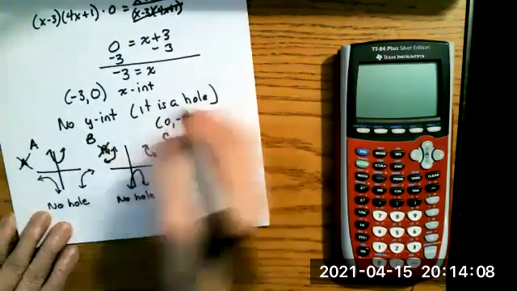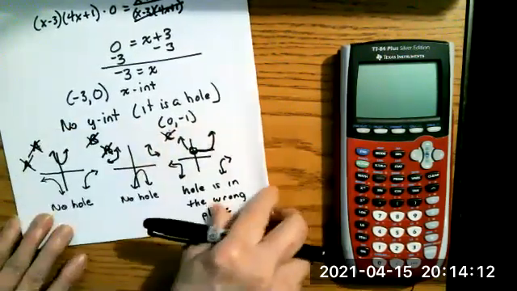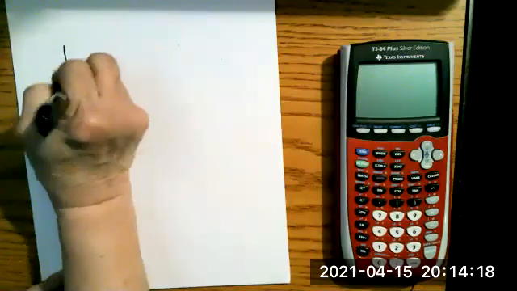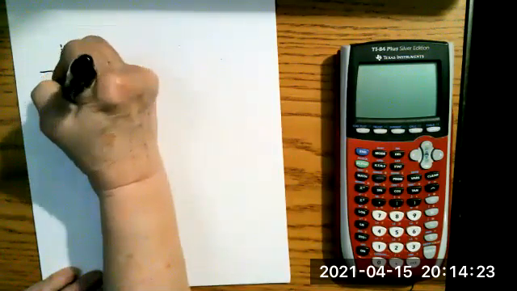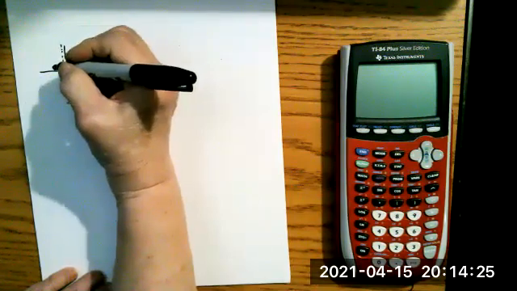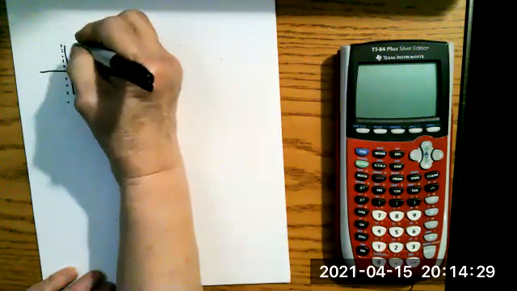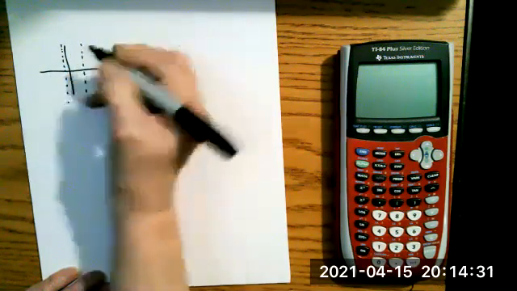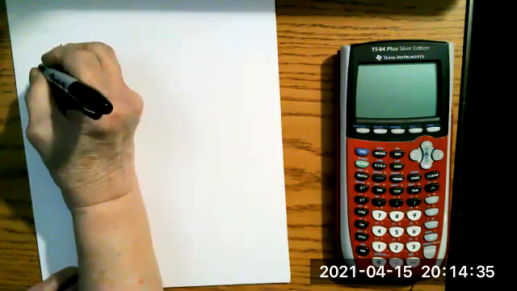Okay, so that means that if C doesn't work and B doesn't work and A doesn't work, then it has to be D. So let's see what the D picture looks like. The D picture has an asymptote over here, and it has another vertical asymptote at 3. And then there is a horizontal asymptote at 0.